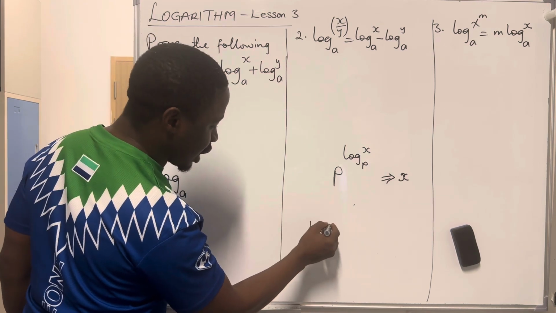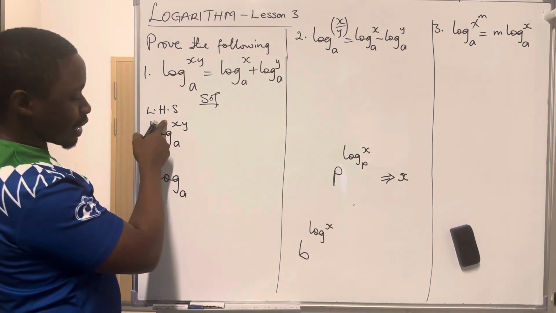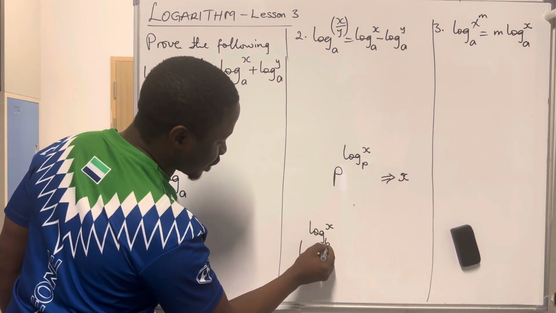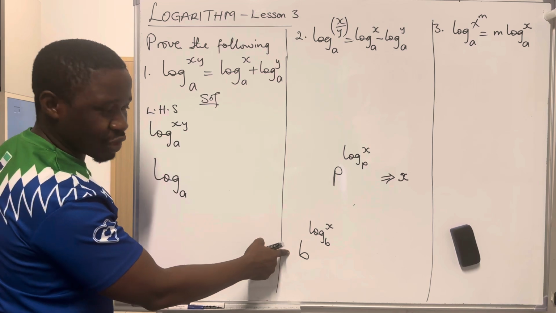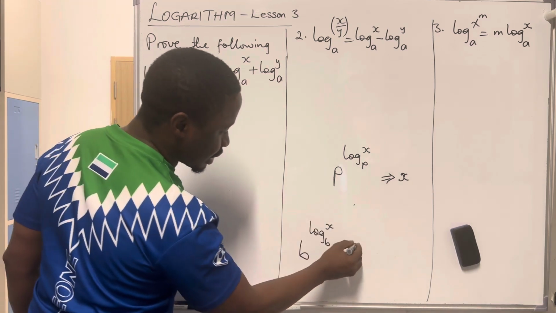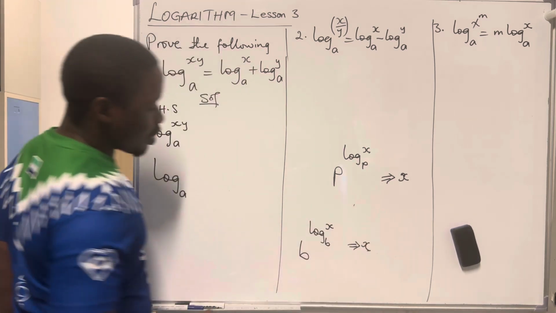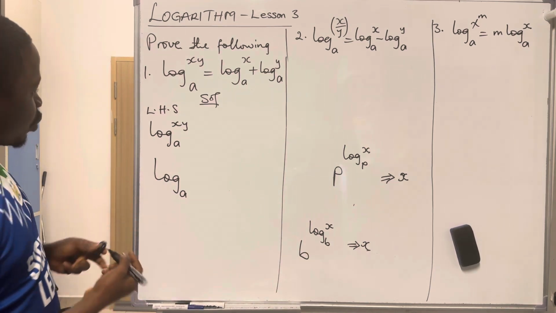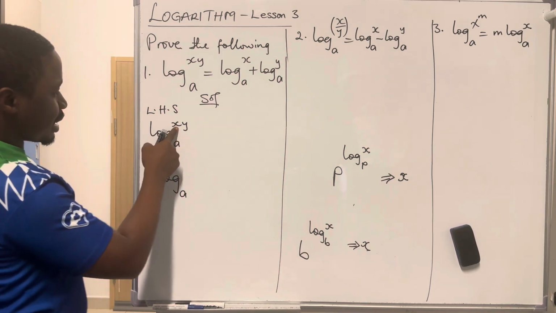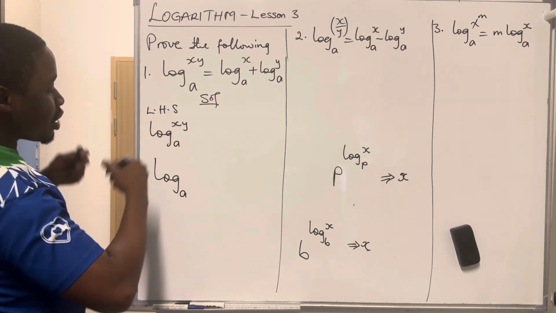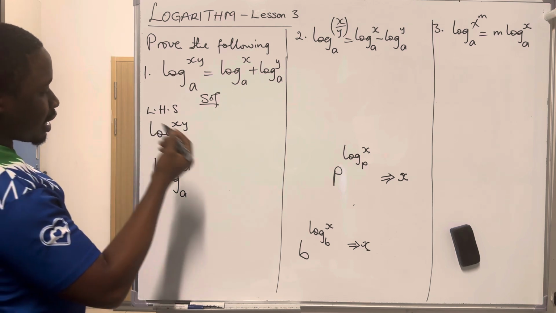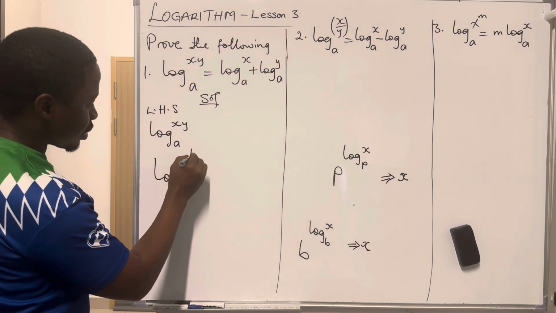This log has a number. Now we want to create that of x, a number x, using a particular base which must be equal to this. So when you have a situation like this, this is equal to x. But we don't want to use another base other than the a here. So we say x is the same as any number raised to log.